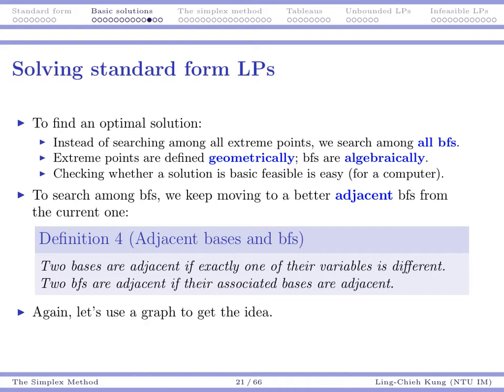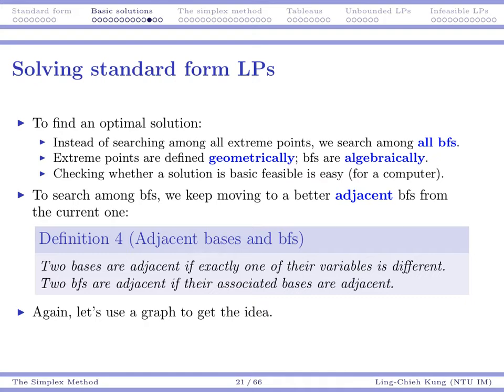So let's define adjacent bases and adjacent basic feasible solutions. We say two bases are adjacent if exactly one of their variables is different. And then two basic feasible solutions are adjacent if their associated bases are adjacent.